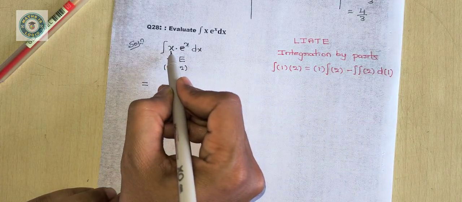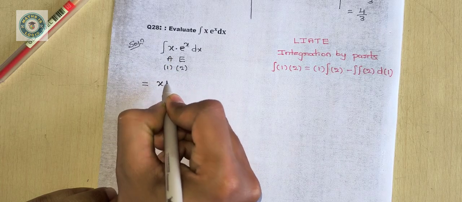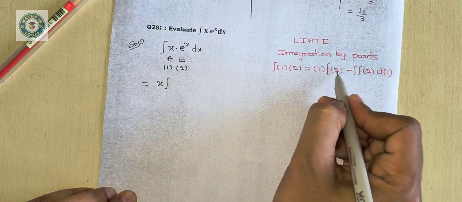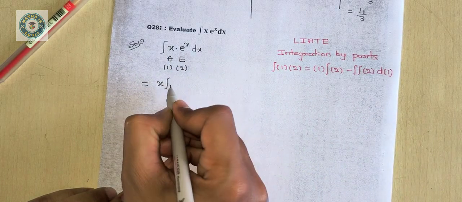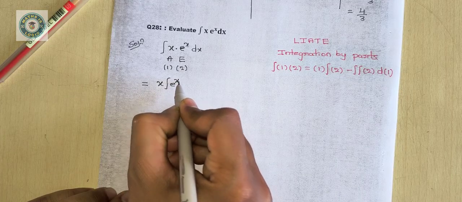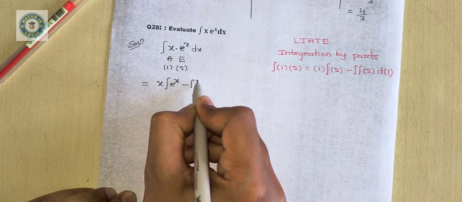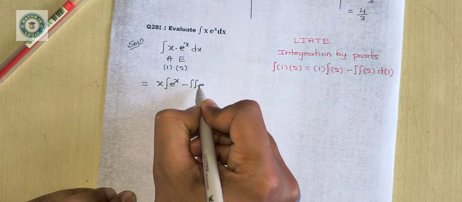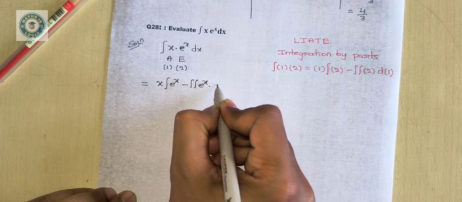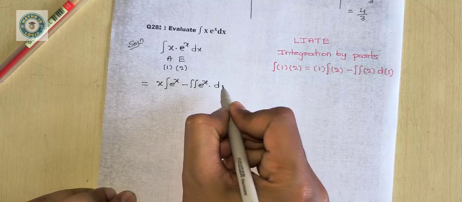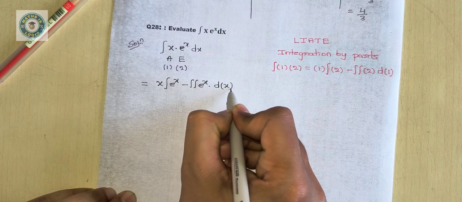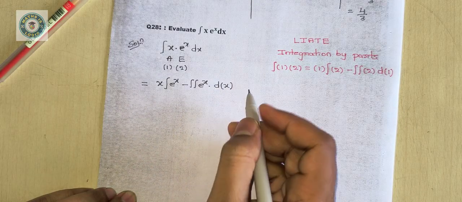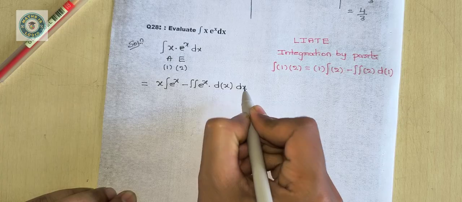What is the first function here? x. Keep it as it is. Next integration of what? Second function. What is the second function here? e power x, minus integration of second function. What is the second function here? e power x into differentiation of first function. What is the first function here? x. So with respect to what here, dx.